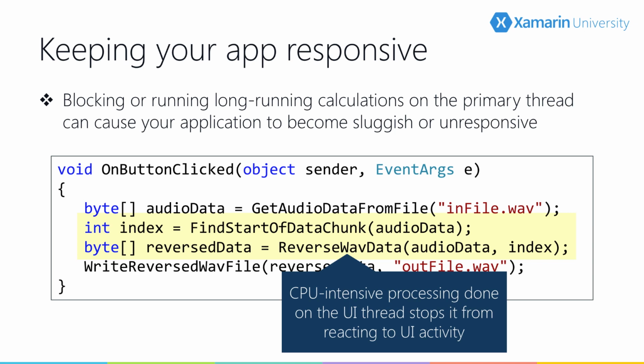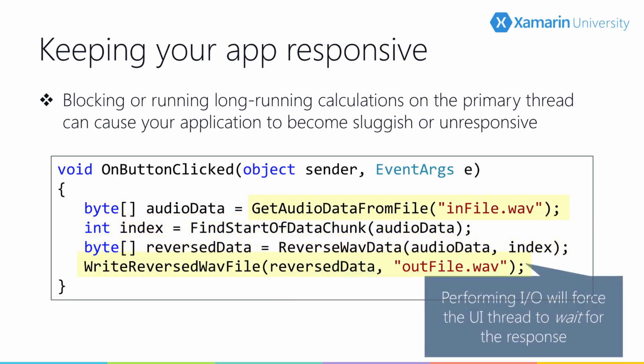The second and the third line, they are both CPU intensive. And doing CPU intensive work means that the CPU is not available for other things. Here we are blocking the main thread. But now getting back to the first line and, as we're talking about it, also the last line. These are particularly important to look at because these are file operations.